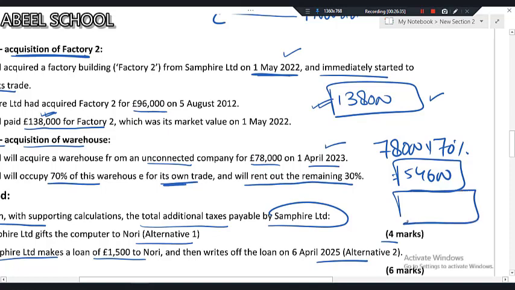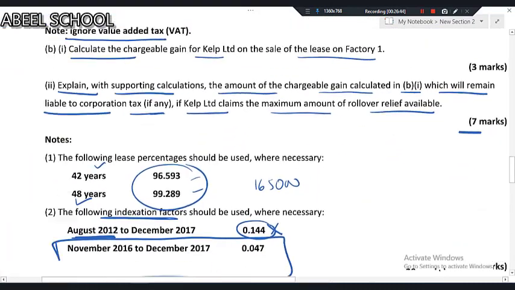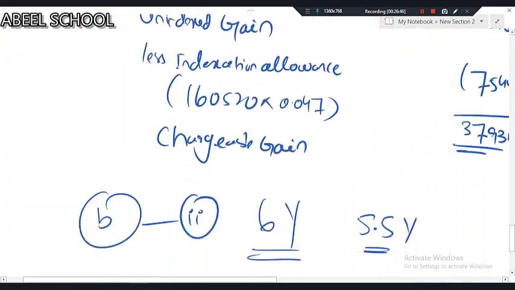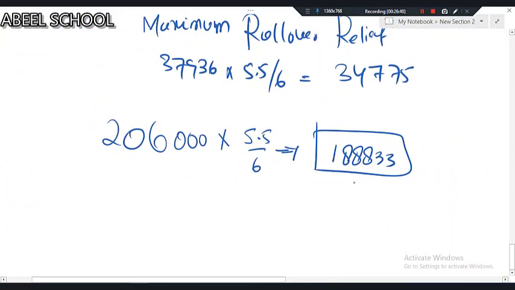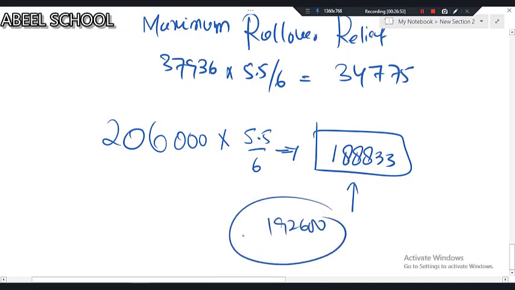So if I add 1,38,000 plus 54,600, I'm getting 1,92,600, which is exceeding the required amount of reinvestment. The required amount of reinvestment is this, and I found 1,92,600 reinvested amount within the qualifying period.